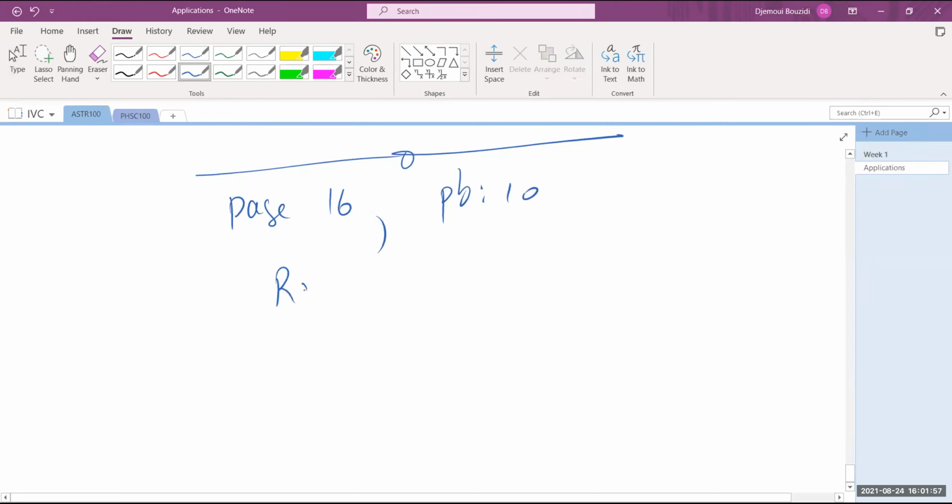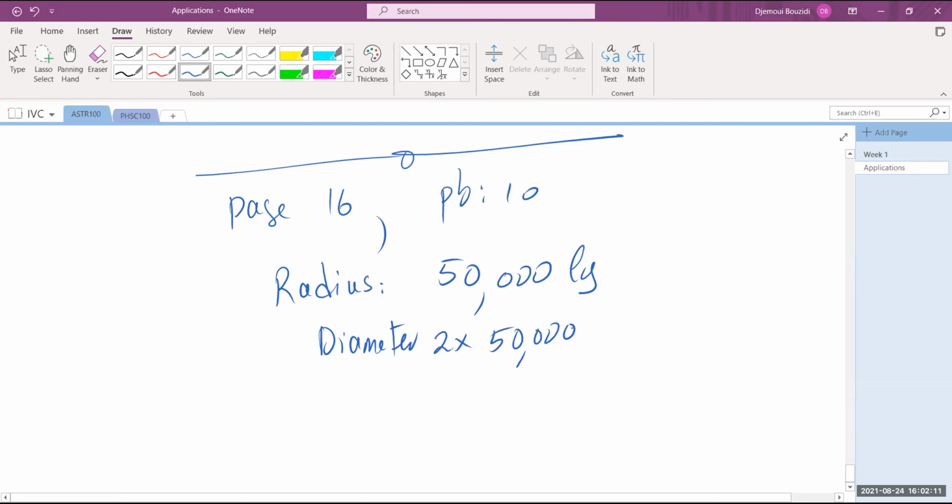So the diameter is 2 times the radius, and 2 times 50,000 is 100,000. So the diameter of the Milky Way is 100,000 light years, represented by a nickel whose diameter is 2 centimeters.